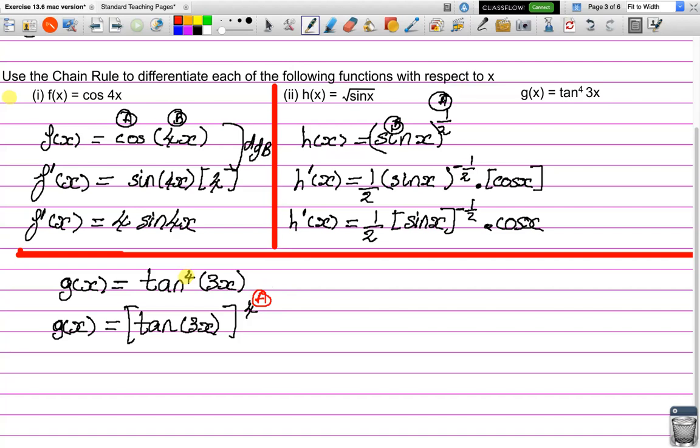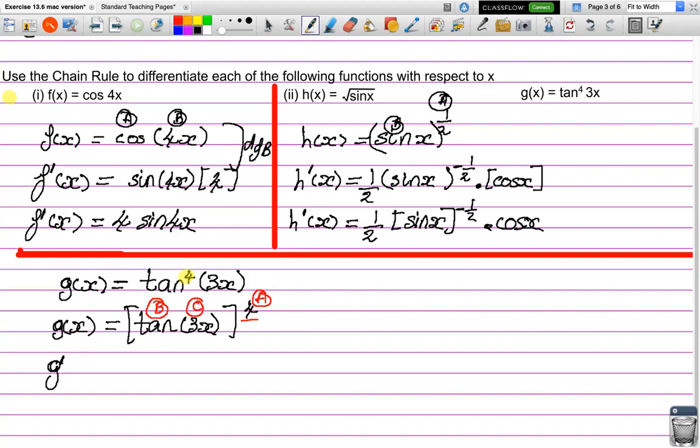Once we unwrap the power of 4, then we're going to go inside, and we've got tan on 3x. So this time we are going to be focusing on the b function, which is tan, and then finally the c function is equal to 3x. So we're now going to differentiate. This is the worst you're going to get in the exam.